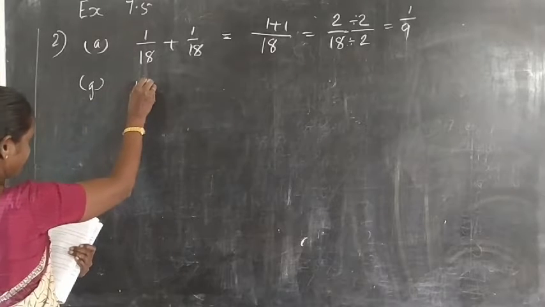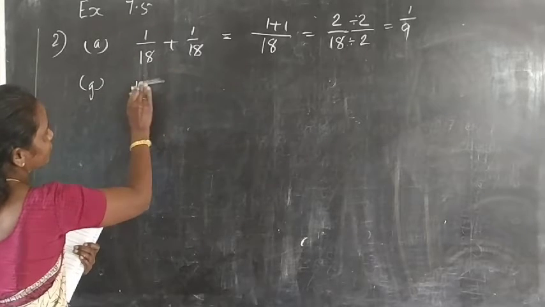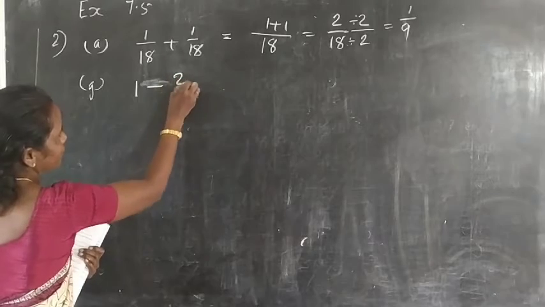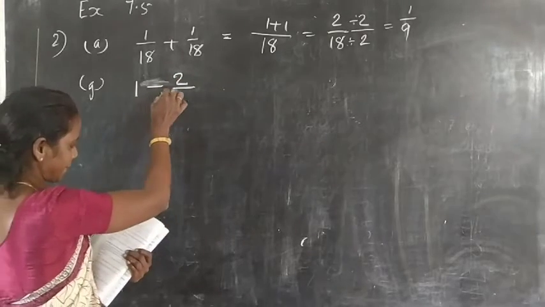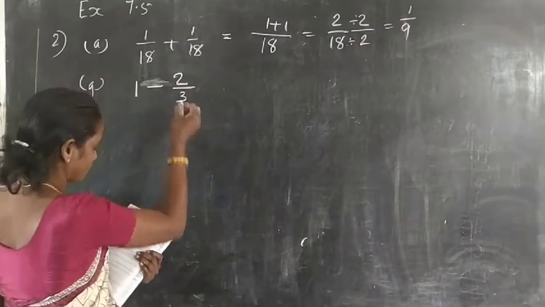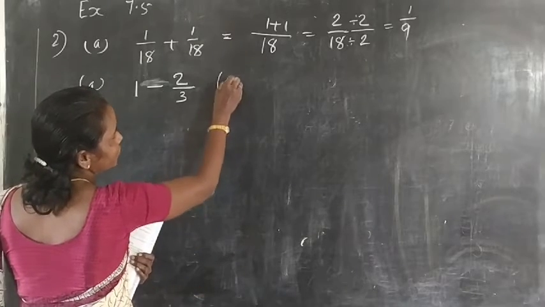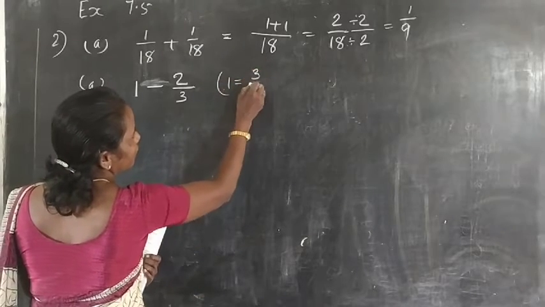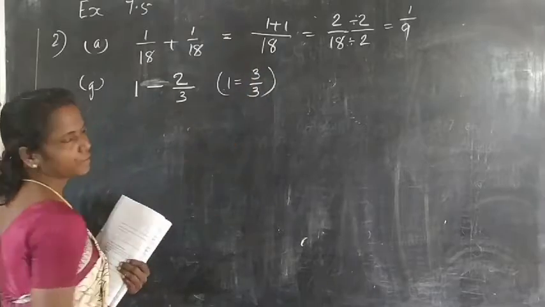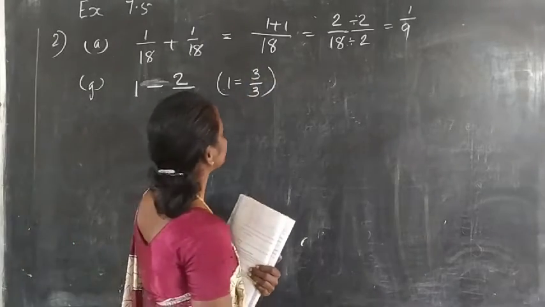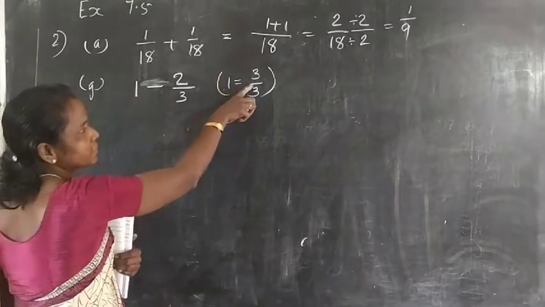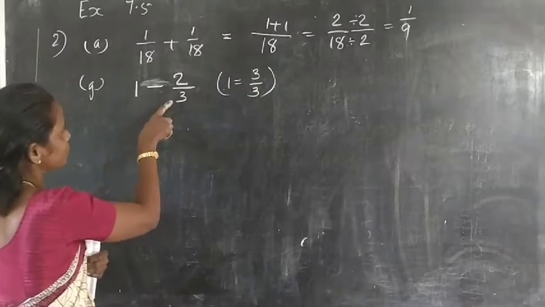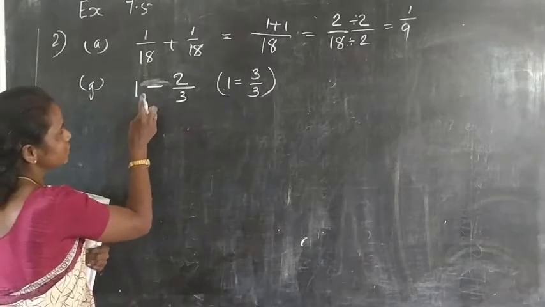The next, look at question number G. 1 minus 2 by 3. Here 1 is equal to 3 upon 3. In this place which number do we write? 3 upon 3. Look, now denominators are same.